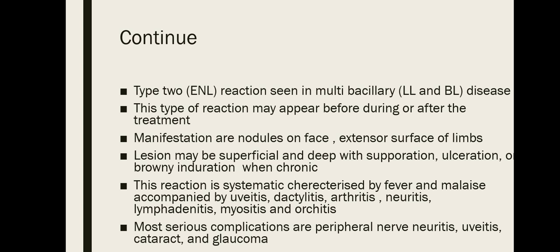Type 2 reaction is seen in multibacillary types of leprosy, for example, lepromatous leprosy and borderline lepromatous leprosy. This type of reaction may appear before, during, or after the treatment. Manifestations are nodules on the face and extensor surfaces of limbs. Lesions may be superficial or deep with suppuration, ulceration, or brownish induration when chronic.